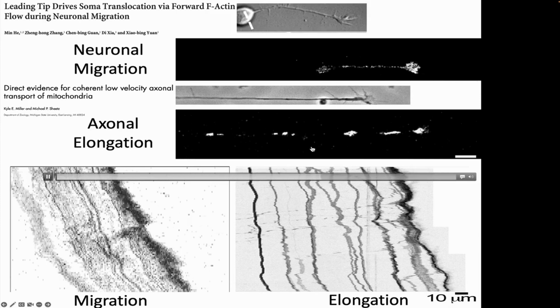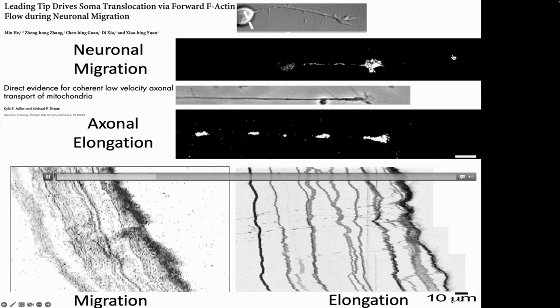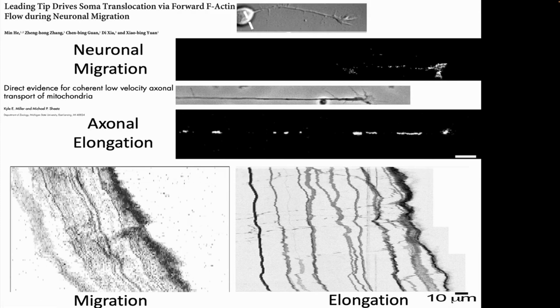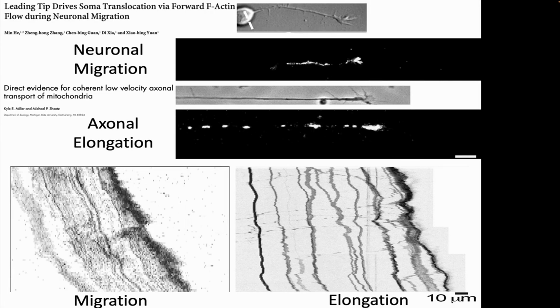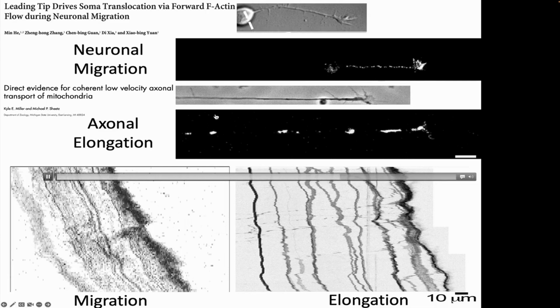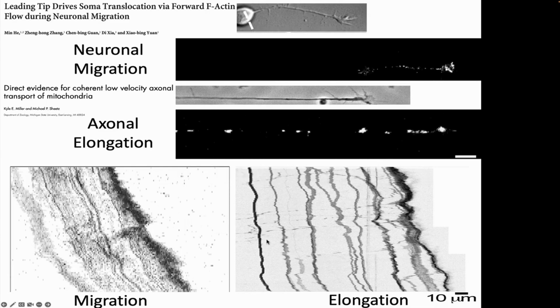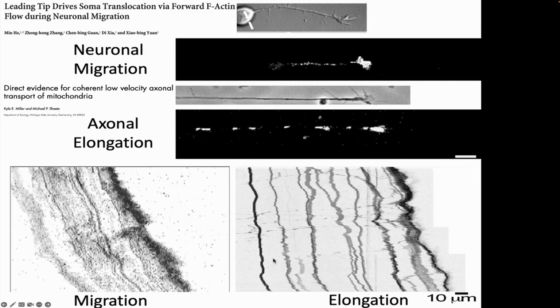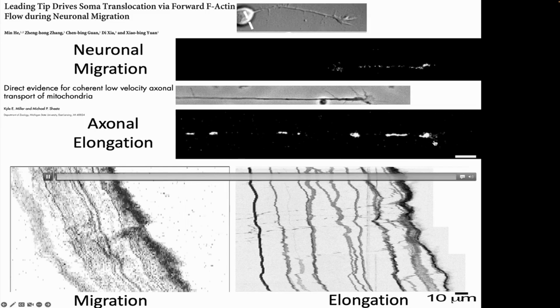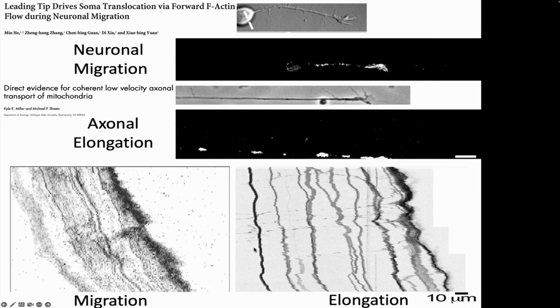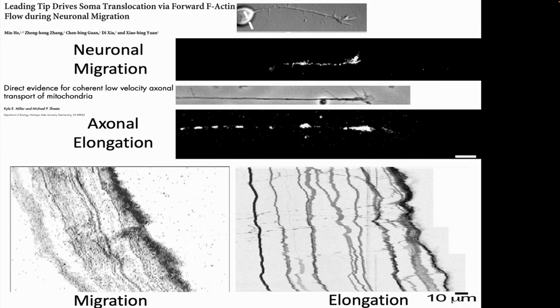When we look along the length of the axon, we can see that material along the length of the axon is also advancing. The one major difference is that during axonal elongation, the axons lengthen. Looking at the velocity profile, and you can see this in this kymograph, though it's really focused on the growth cone tip, the growth cone is advancing faster than material along the length of the axon, which indicates that the axon is stretching.